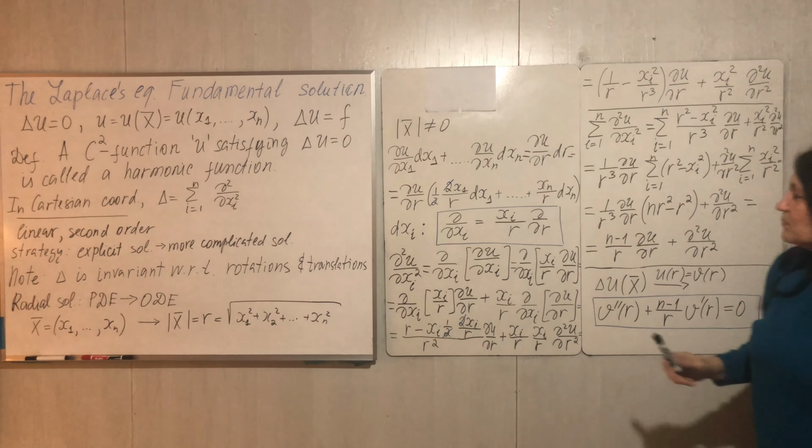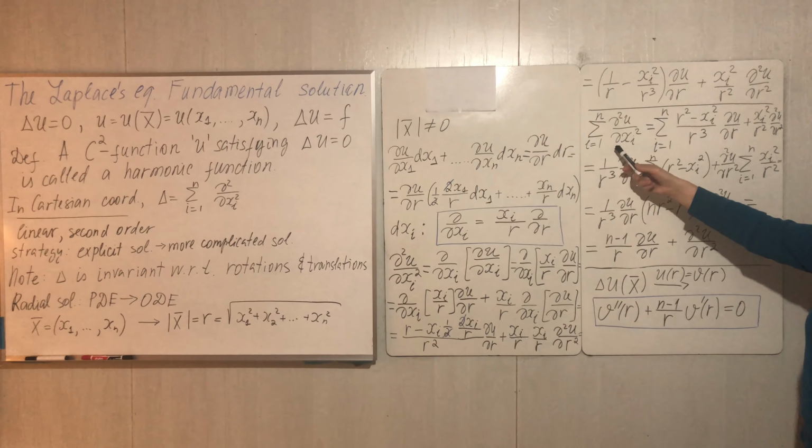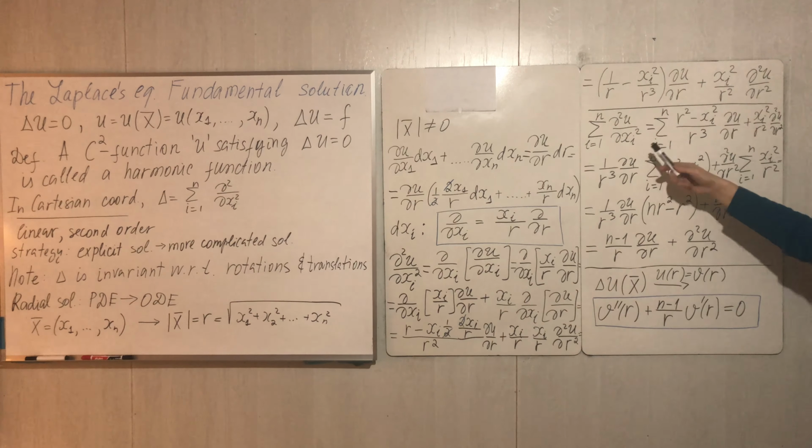The Laplacian is the sum of second derivatives, so we compute the sum. We combine the first term as a single fraction, and for the first term we can pull out 1/r cubed and du/dr, leaving the sum of this expression.